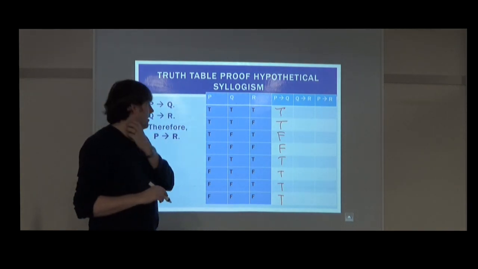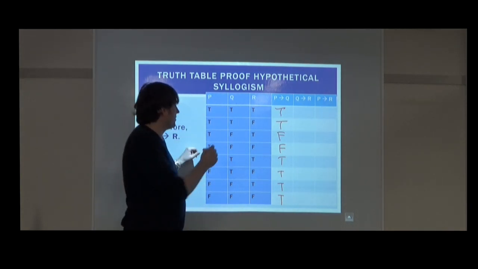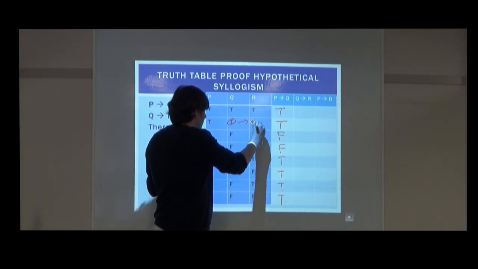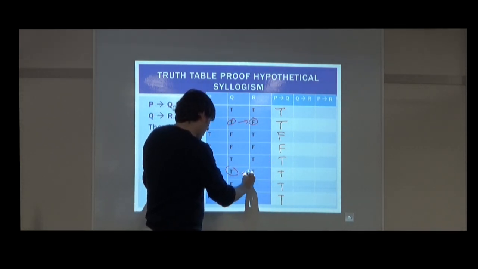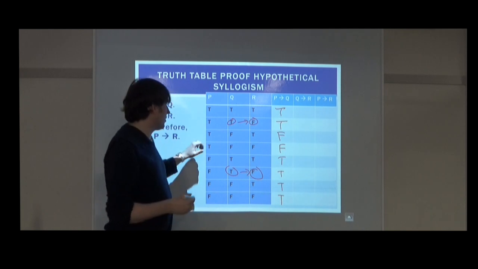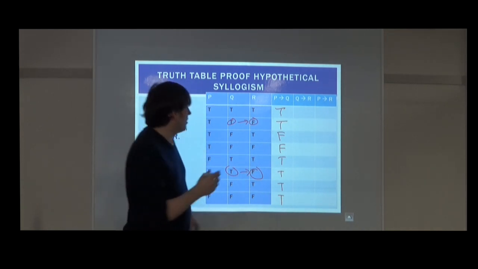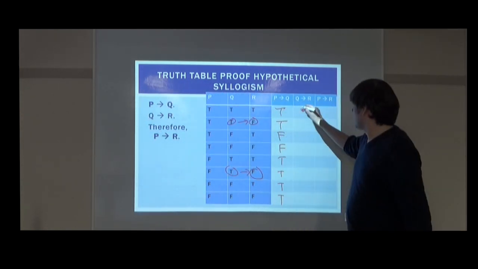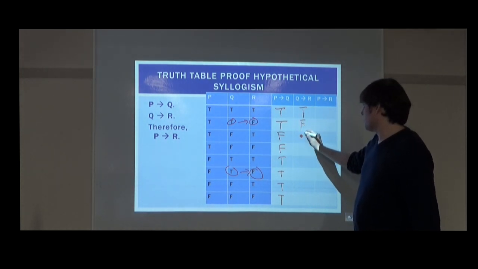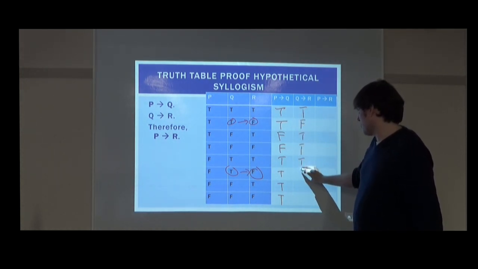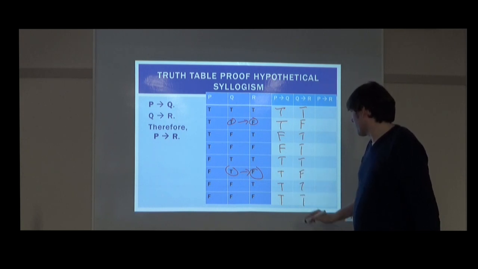Alright, same thing with Q and R. This is going to be false whenever we have this arrangement. So we're going to get true, false, true, true, true, false, true, true.